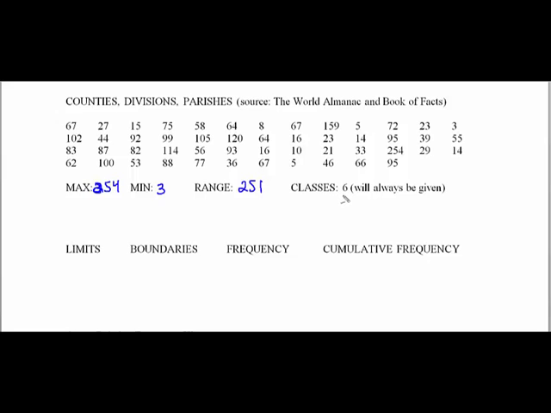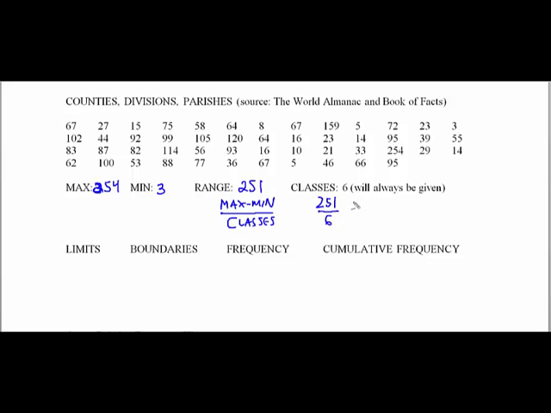But we're going to choose 6, and to figure out the gap in our 6 classes, we're going to take our range, which is 251. So we've taken our max minus our minimum to get our range, and we're going to divide that by the number of classes. And as it says in the instructions on the previous page, we're going to round up.